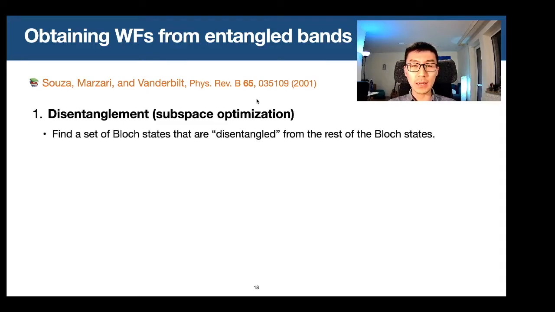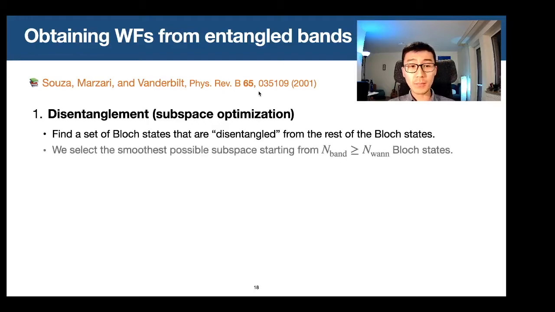It is basically to find a set of Bloch states that are disentangled from the rest of the Bloch states, so that at the end we have Bloch functions whose number is the same as the number of Wannier functions. In doing so, we select the smoothest possible subspace, starting from a somewhat larger number of Bloch functions than the number of Wannier functions.